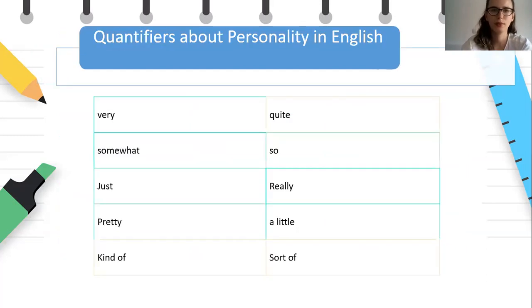And when describing personality, you can use these quantifiers. Very, quite, somewhat, so, just, really, pretty, a little, kind of, sort of.